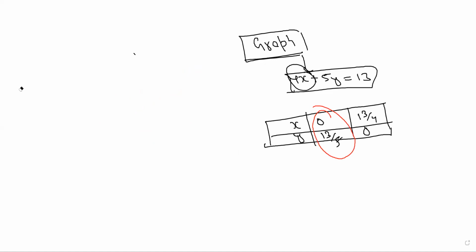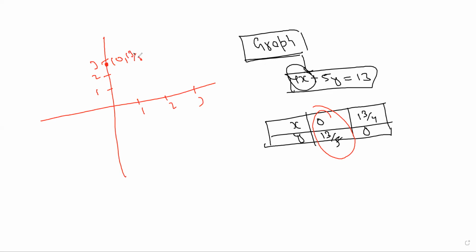So the first point is 0, 2.6. Let's suppose this is 1, 2, 3 on the y axis. So 2.6 will lie somewhere around this particular place. So it would be 0, comma 13 by 5.